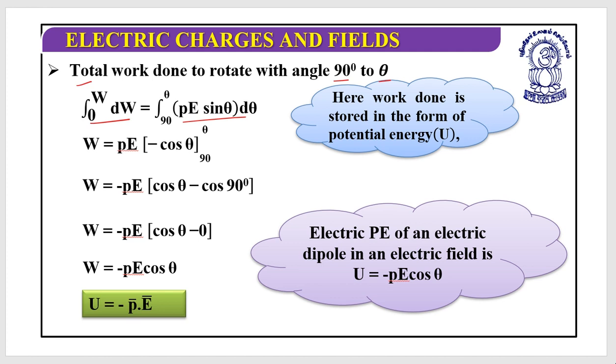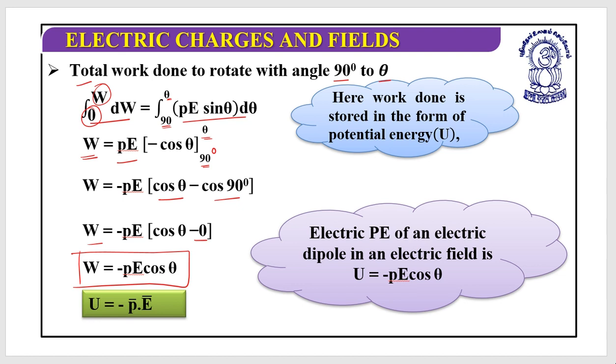This is dW, and if I integrate from 0 to W, and I integrate this from 90 to theta, this comes as W = PE times the integration of sin theta, which is minus cos theta, and let's put the value from 90 degree to theta. So this equals minus PE, cos theta minus cos 90. So W = minus PE into bracket cos theta minus 0. So this work done is equal to minus PE cos theta.